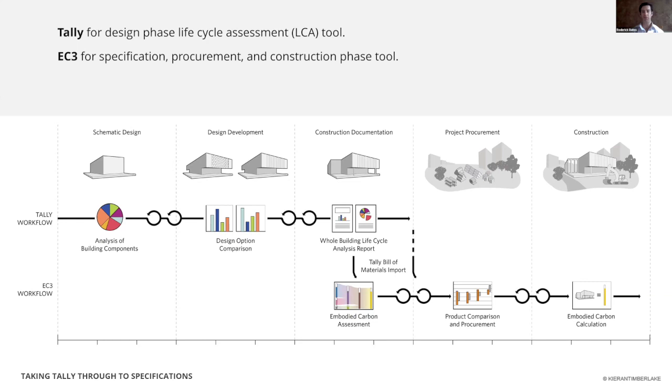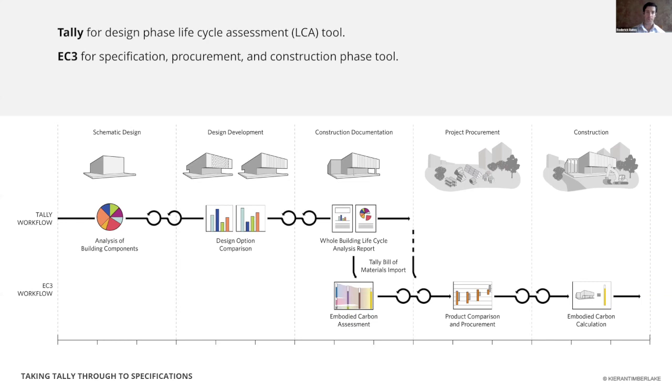And those EPDs, while they only include manufacturing impacts, allow for you to select within a particular category, say concrete, or maybe you're looking at your carpet options, select the best performing options, and then tie those into your procurement specifications and purchasing process.